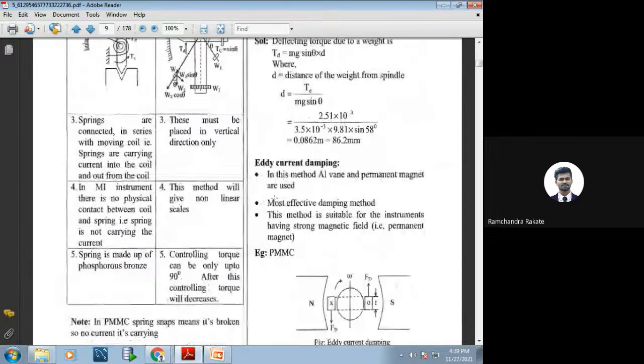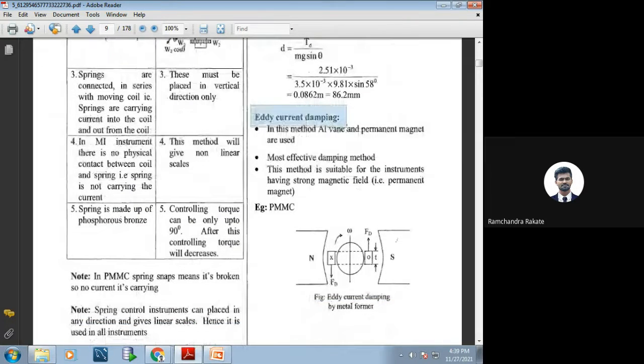Then we come across one more thing, damping, and one type is eddy current damping. In eddy current damping, we are using an aluminum vane and permanent magnets.